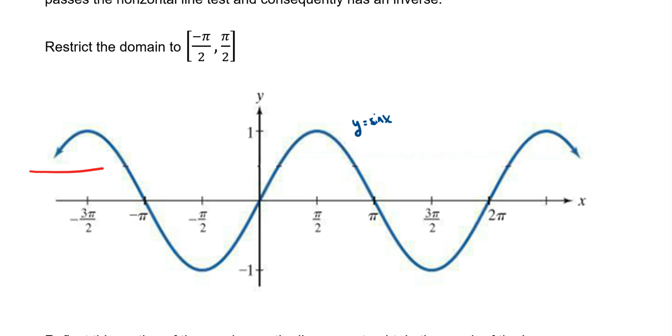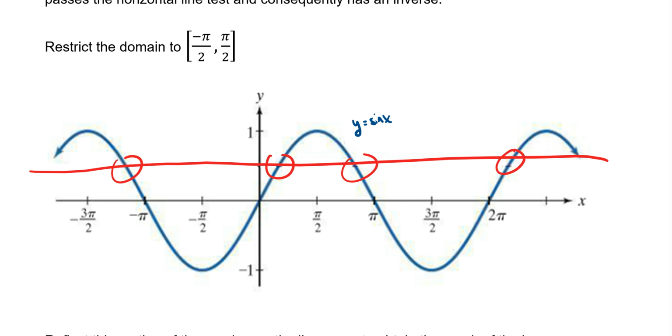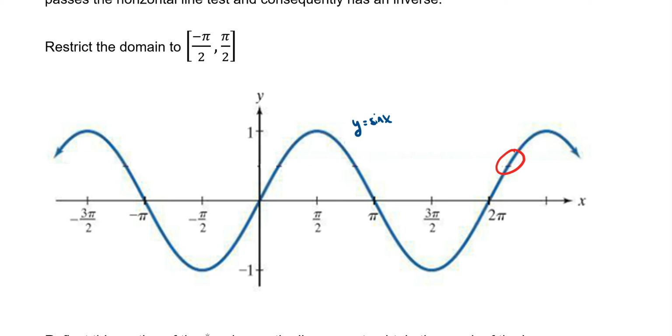This fails the horizontal line test. Any horizontal line is going to intersect the curve, technically in an infinite amount of spots. So as this is, sine fails the horizontal line test, meaning it does not have an inverse function, but we want it to have an inverse function.